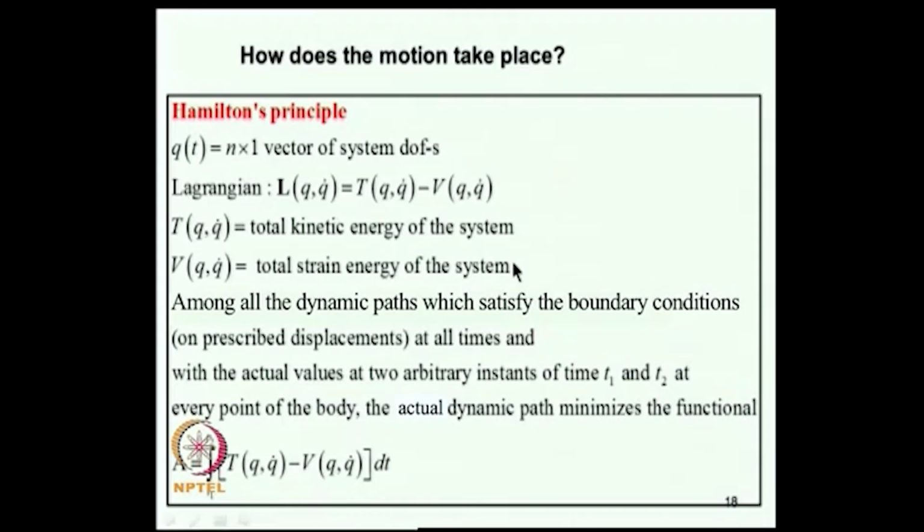According to Hamilton's principle, among all dynamic paths that satisfy the boundary conditions on prescribed displacements at all times, and that start and end with the actual values at two arbitrary instants of time t1 and t2 at every point of the body, the actual dynamic path minimizes the functional, a quantity known as action, which is the integral from t1 to t2 of T minus V dt.